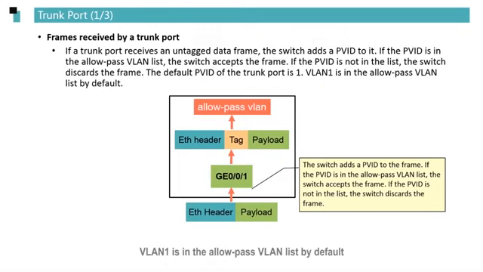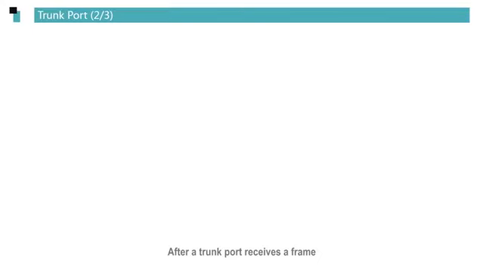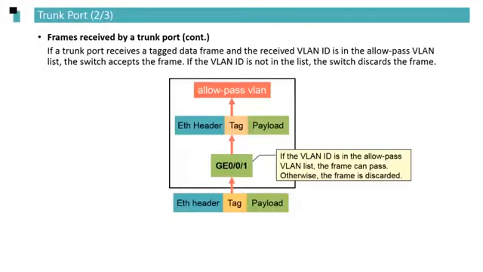VLAN 1 is in the Allow Pass VLAN list by default. If a trunk port receives a tagged data frame and the received VLAN ID is in the Allow Pass VLAN list, the switch accepts the frame. If the VLAN ID is not in the list, the switch discards the frame.